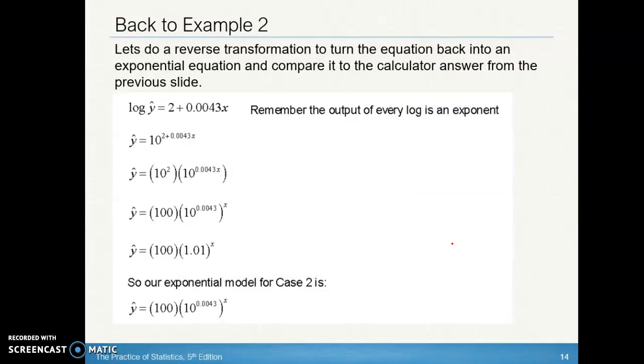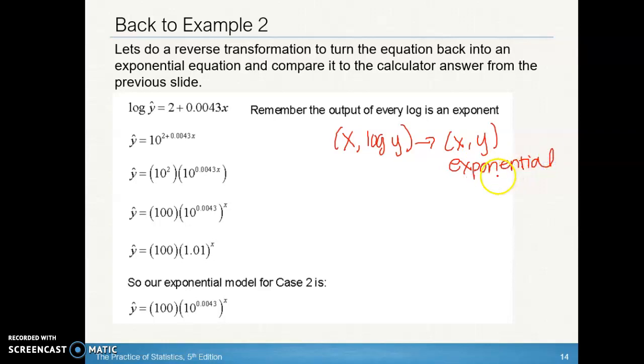Okay, all right, so now for your reverse transformation. Now, please keep in mind, your calculator can do this for you. You know that x, log of y made it linear, therefore x comma y was exponential. So this was an exponential equation.